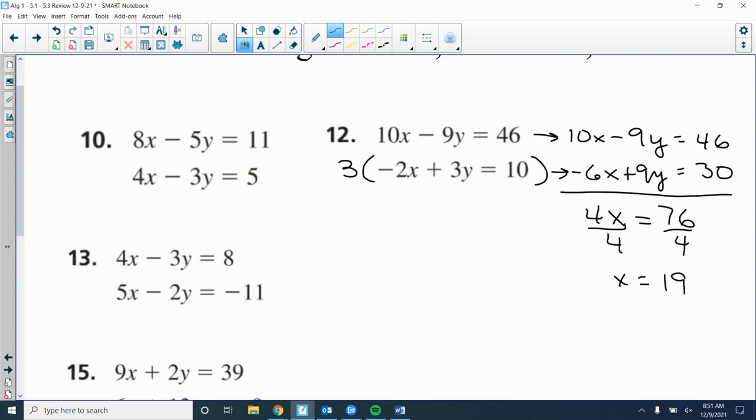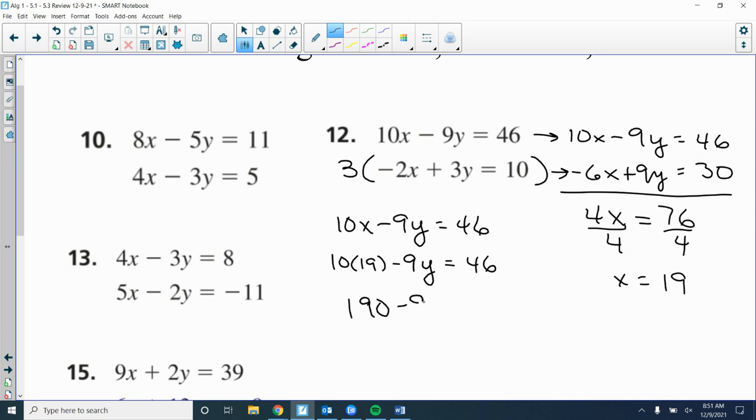Okay. So we don't get nice little numbers. A lot of times you get like 2, 3 or 3, negative 4. We get some bigger numbers, but that's fine. It works. Now 10x minus 9y equals 46. What do we say x equals? 19. So I get 10 times 19, which is 190.